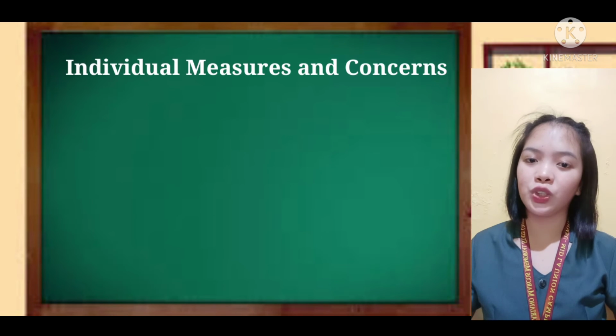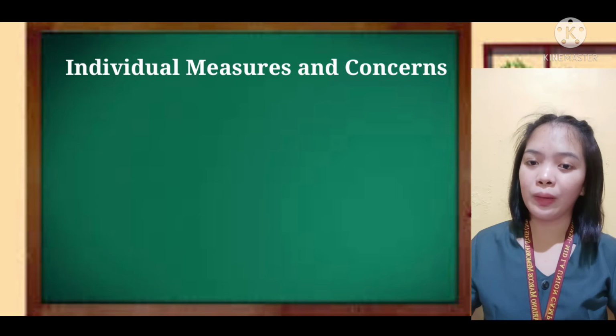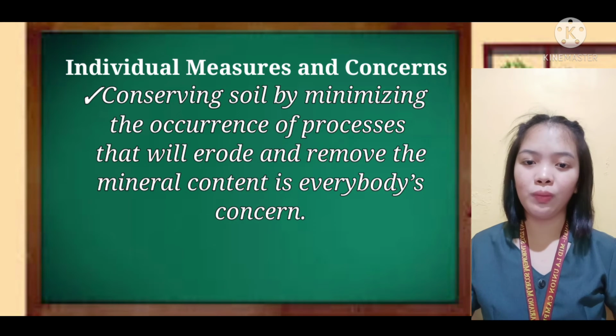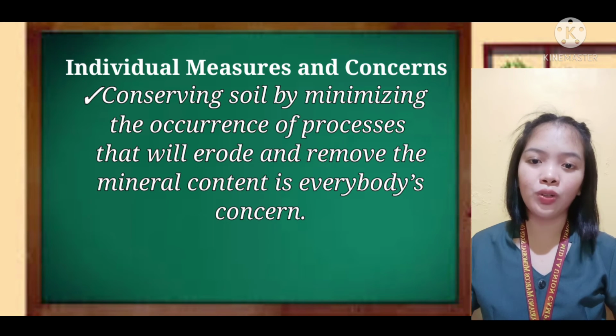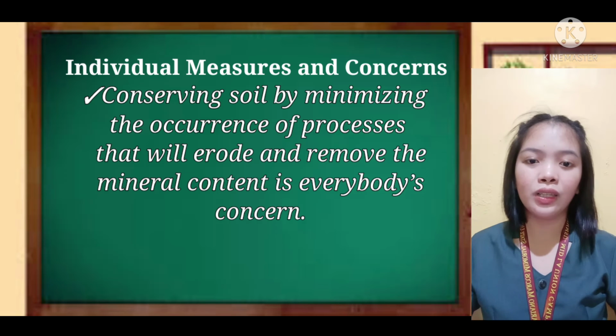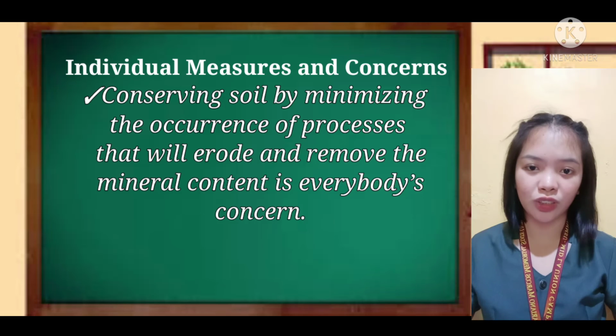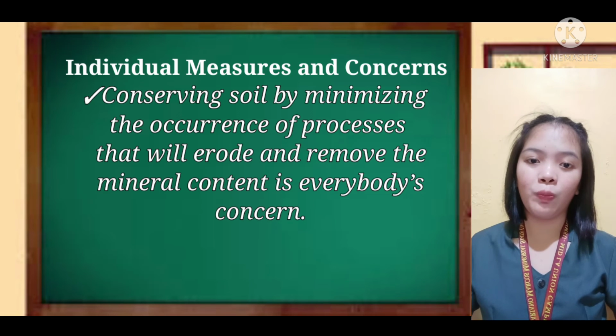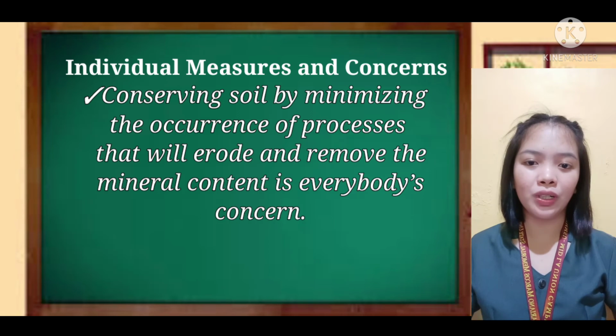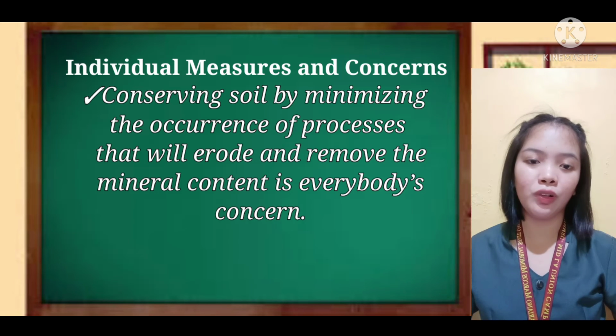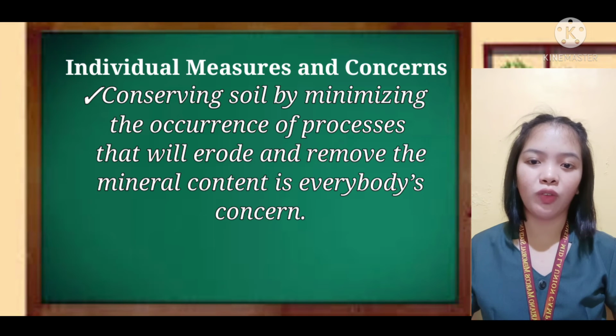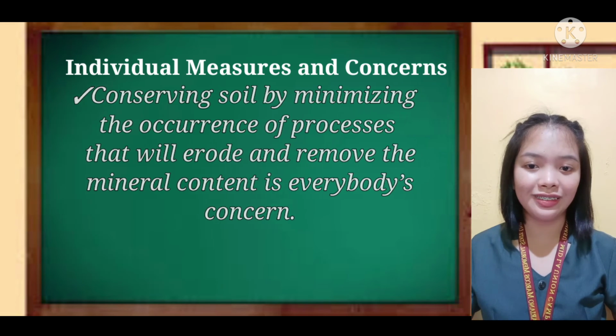Okay, now let's proceed to the individual measures and concerns. Number 1 is conserving soil by minimizing the occurrence of processes that will erode and remove the mineral content. It is everybody's concern. A cooperative effort among members of the community, and most especially the school population who are well informed regarding the importance of soil, is necessary.